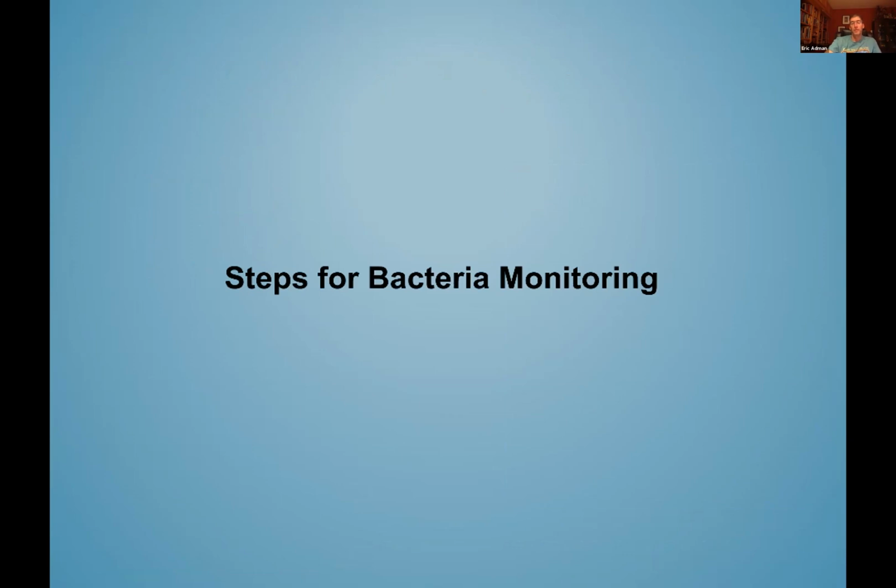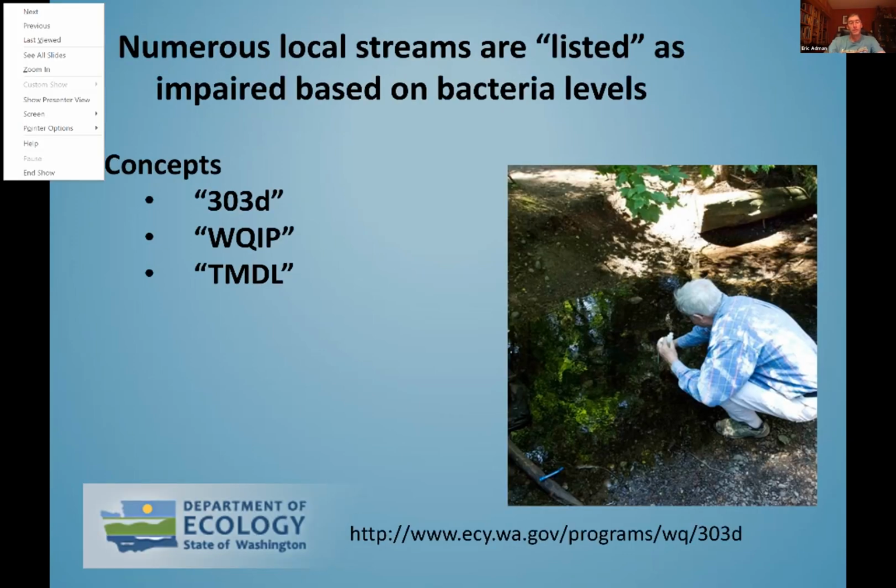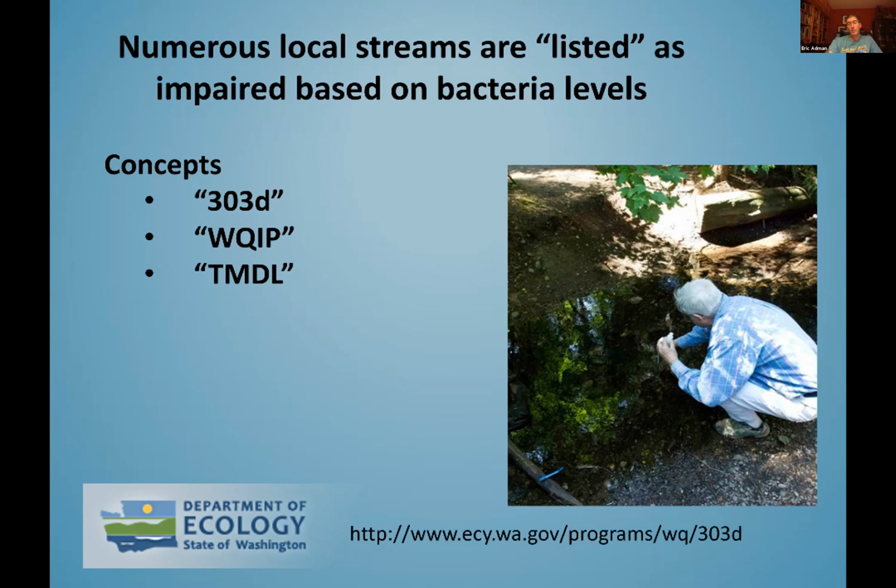A number of creeks in Washington state and in our local area are listed on the 303(d) list for impairment due to bacteria. In fact, Little Swamp Creek and Swamp Creek, to which it is tributary, are both listed for bacteria.